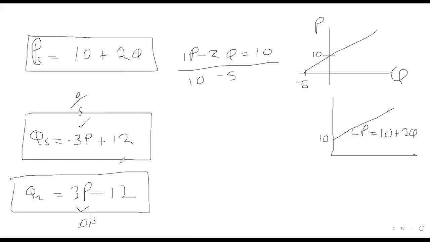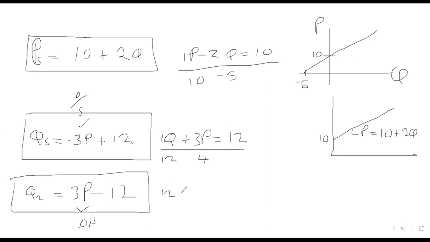Okay, let's try to illustrate them. Put the letters on one side. Q plus 3P is equal to 12. Here there's a 1, and the 12 goes to this side.